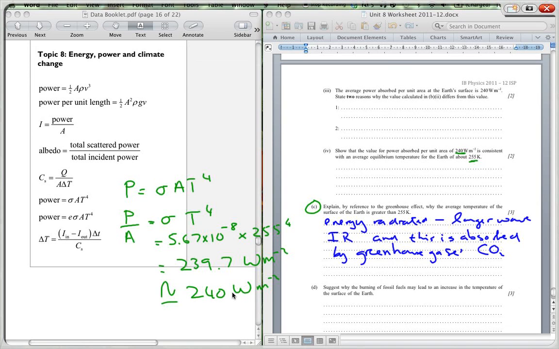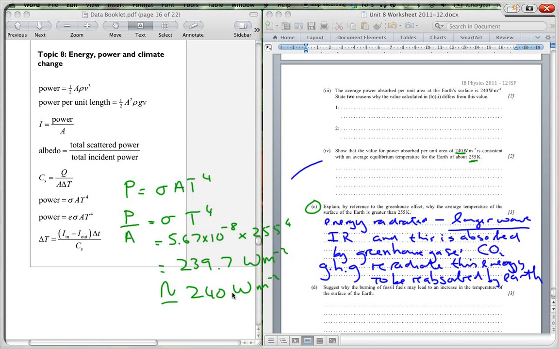And then these greenhouse gases, GHG, re-radiate this energy to be reabsorbed by the Earth. So it basically traps the energy. The longer wavelength gets stored.